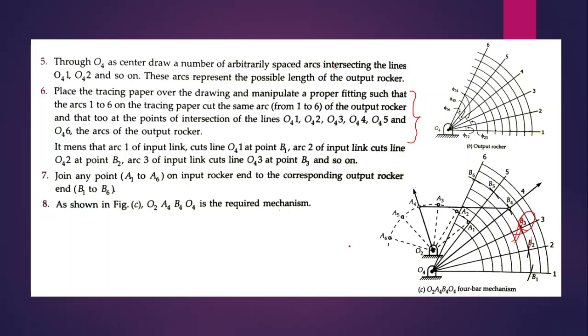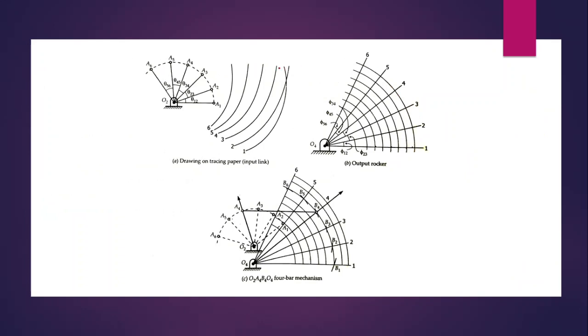This is completely a graphical method and also a trial and error method, where tracing paper is used for the construction of the 4-bar mechanism. This is all about the overlay method. Finally, the first figure is a drawing on tracing paper of the different positions of the input link.